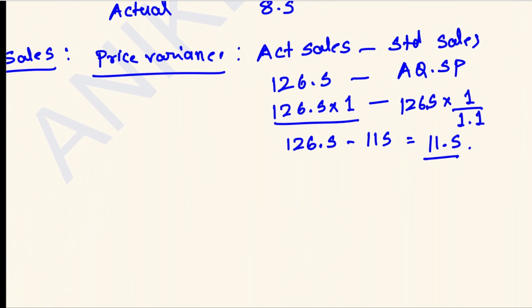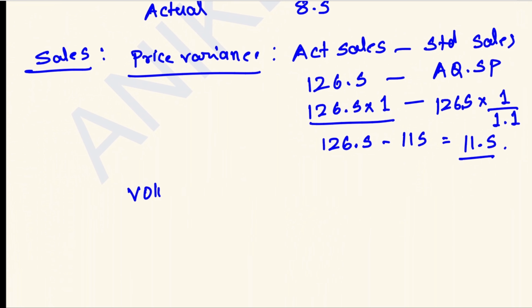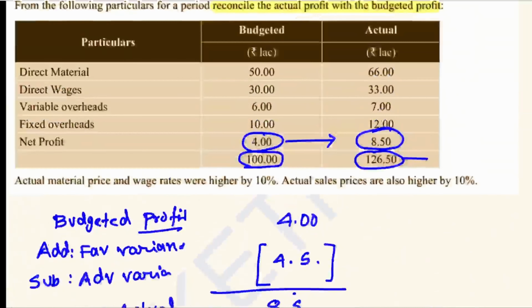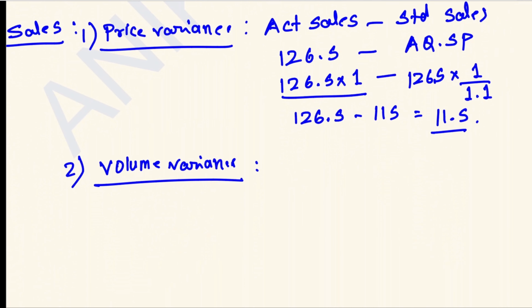Next I have volume variance. My volume variance has to be the difference between sales value variance and price variance. So this is my first variance, this is my second variance. Total sales variance is how much? 26.5. So volume variance is my balancing figure.